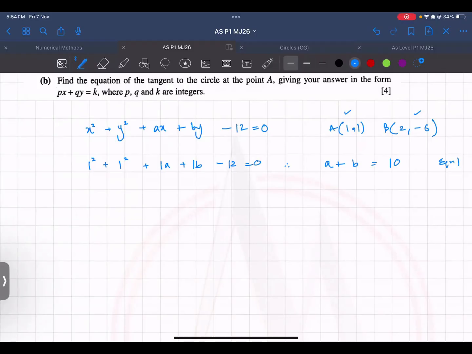Then if you substitute the other point, 2 squared plus minus 6 squared, plus 2a minus 6b minus 12. So this would form 2a minus 6b, and 36 plus 4 is 40, 40 minus 12 is 28, so 2a minus 6b equals minus 28.